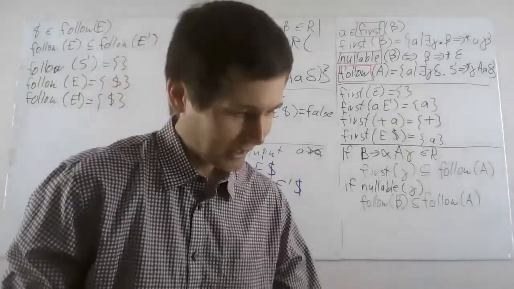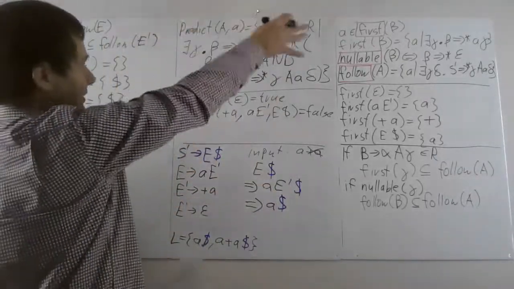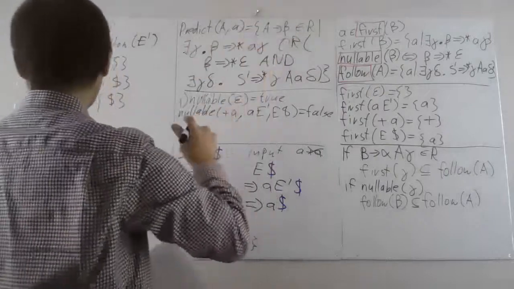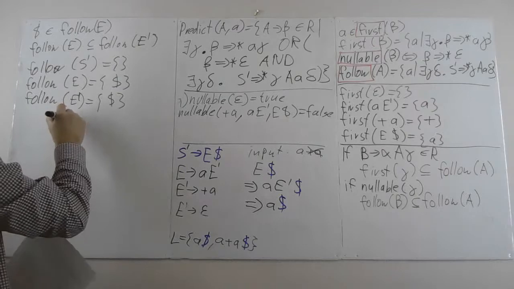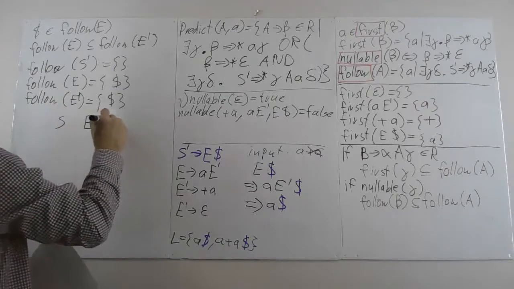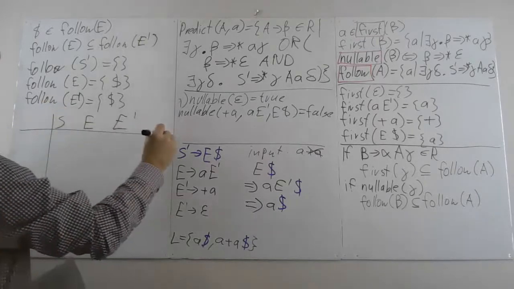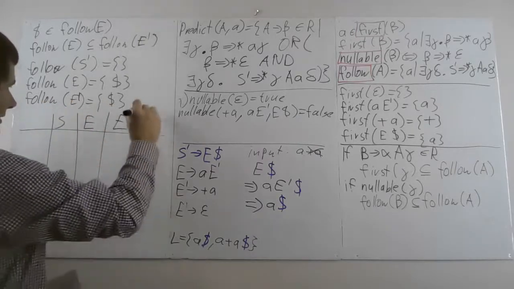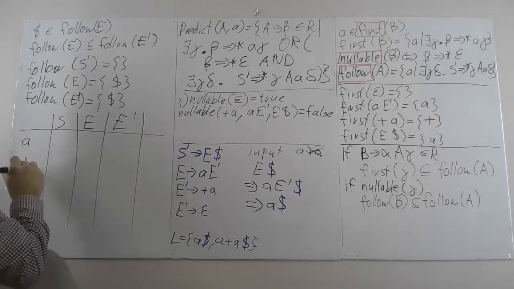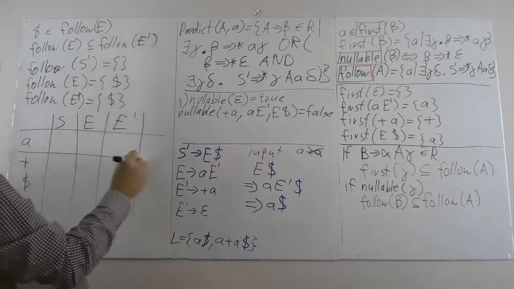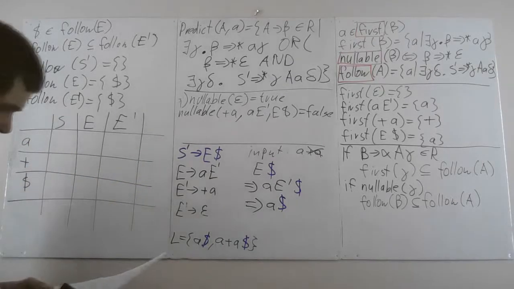Okay, and so now we can use these to compute the predict table, using this formula. The predict table is a table that has all of the non-terminals along one axis, let's say the columns, and all of the terminal symbols, so a, plus, and $, along the other axis.